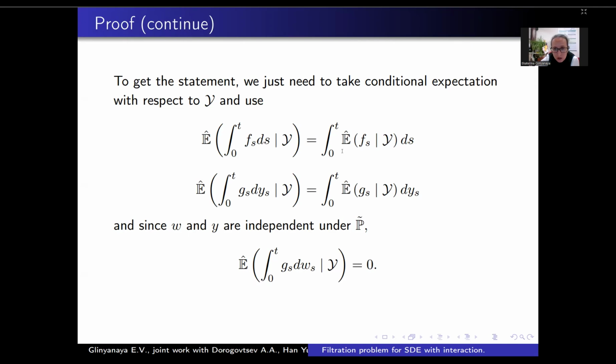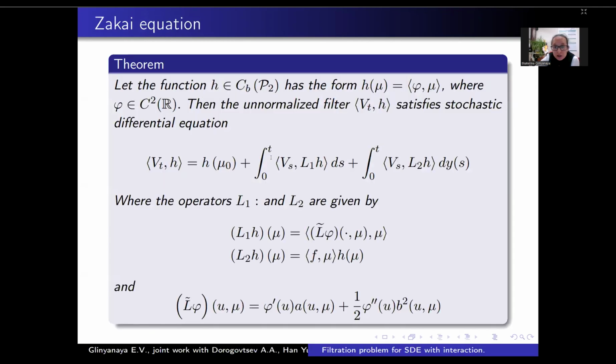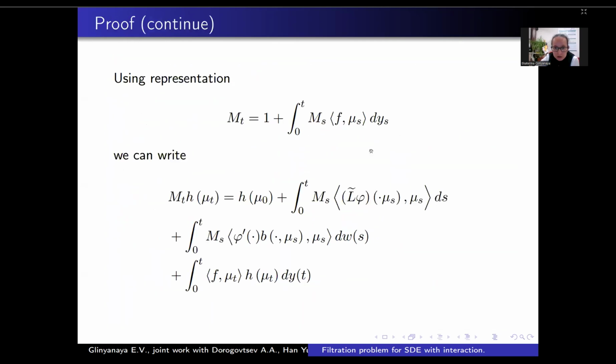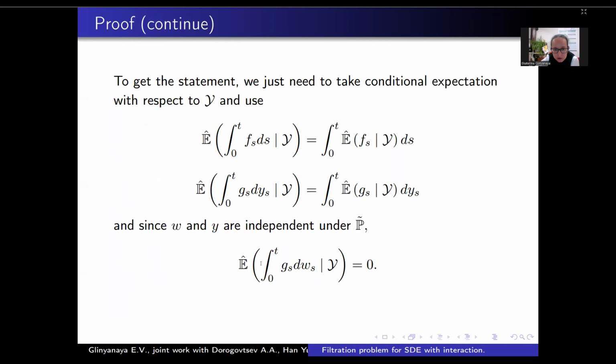Here we have one conditional expectation, but we can change Y to Yt, and we will have what we have in the statement of the theorem, because we can write the conditional expectation with respect to Ys or Y. Also, it is important that the integral with respect to W disappears just because Y and W are independent under P tilde.